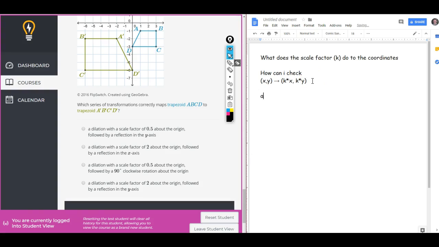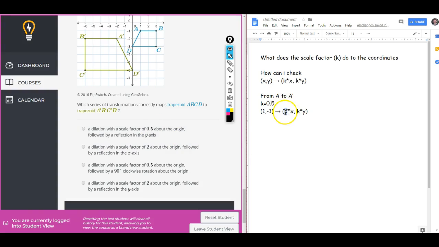So now let's check from A to A prime. We'll take our generic map. Our x and y for A is 1, negative 1. So x was 1, y is negative 1. What was the scale factor? Well, in this one, our scale factor is equal to 0.5.